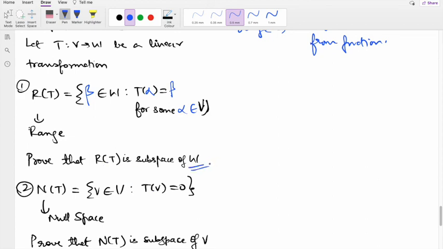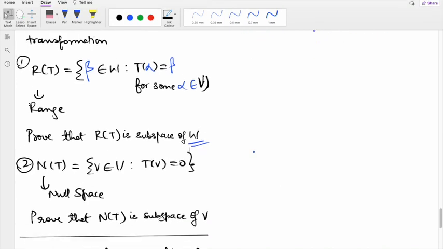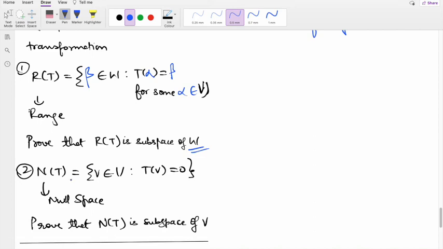So we'll leave the proof for the next class. The second special subspace is called the null space. We actually saw this null space idea previously, where we defined it for a matrix.